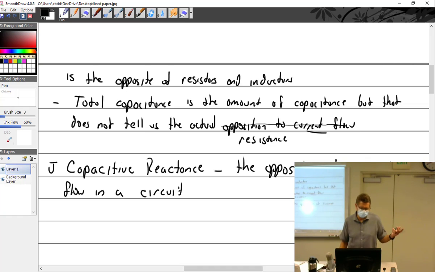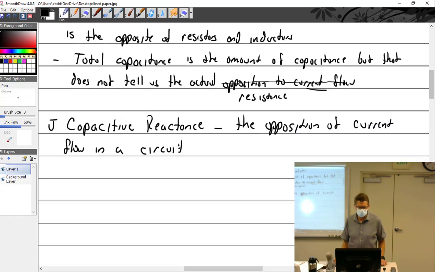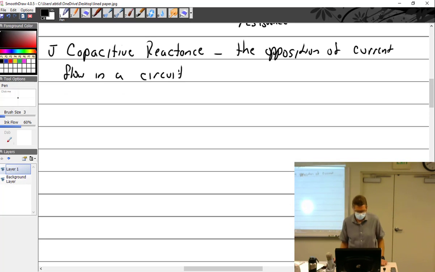What was inductive reactance? What was the definition? Inductive reactance is the effect of inductance in a circuit. Okay. Maybe we should have called it the opposition to current flow in a circuit.